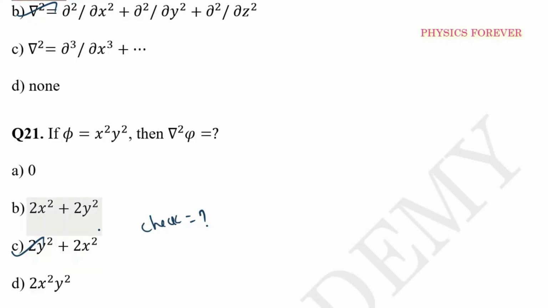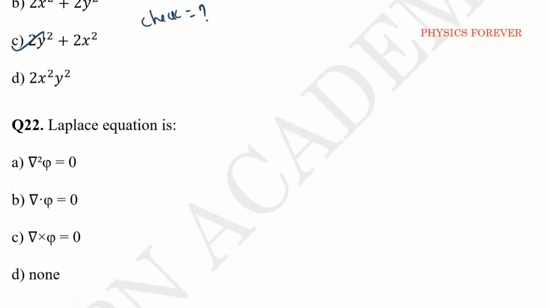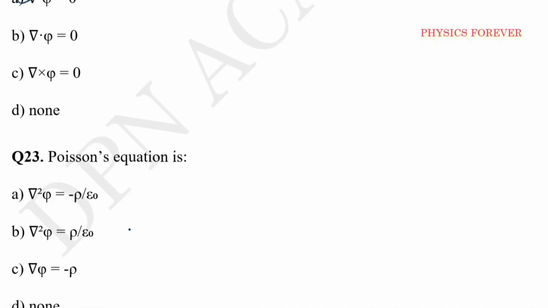Check it and tell us in the comment section. Okay. Then the Laplace equation should be easy. The Laplace equation is del square phi equal to 0. Then the Poisson equation. So then the Poisson equation. Everyone knows this. So comment the answer.